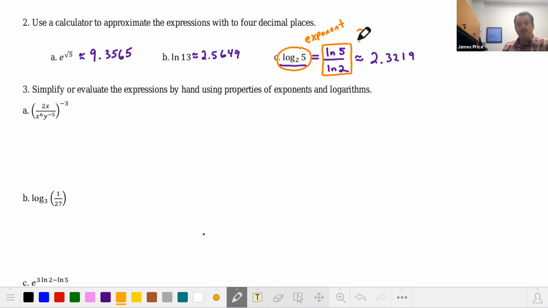But if you think about these things, this is the exponent you raise e to get 2. This is the exponent you raise e to get 5. And so we want to basically say, this is the exponent you raise 2 to get 5 also.